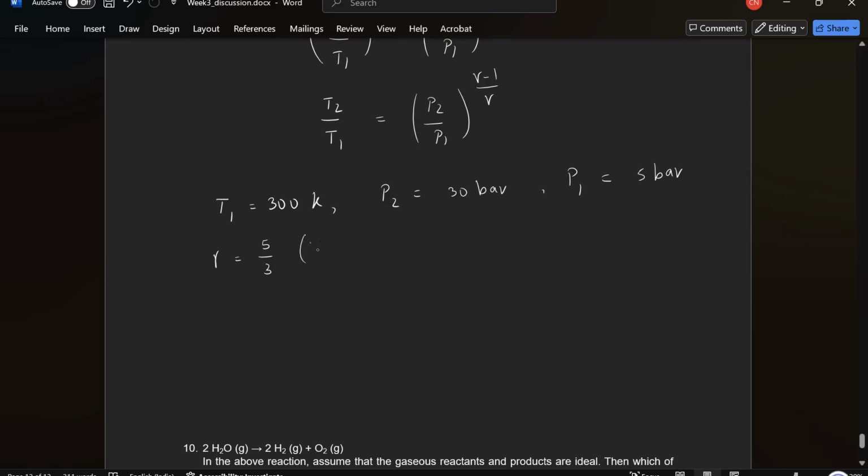Yeah, it's quite straightforward. So now gamma minus 1 is 2 by 3, which implies gamma minus 1 by gamma is going to be 2 by 3 divided by 5 by 3, which equals 2 by 5.